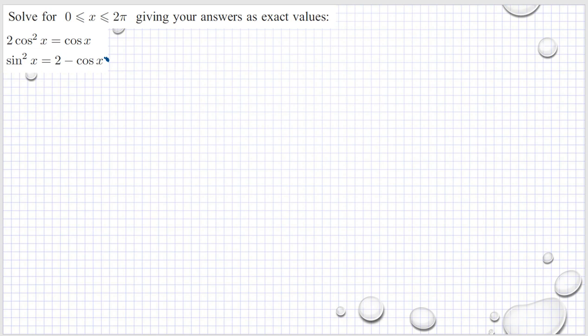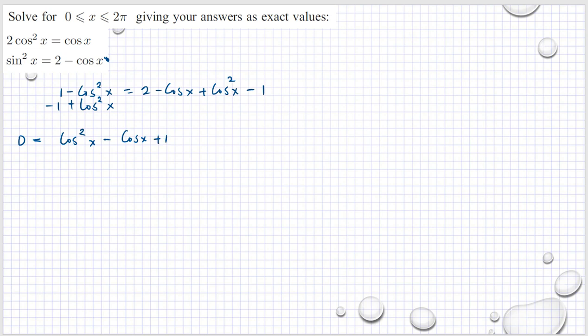We know that sine squared x is 1 minus cosine squared x, is equal to 2 minus cosine x. So if we add cosine x to both sides of the equation, subtract 1, then we have 0 is equal to cosine squared x minus cosine x plus 1.